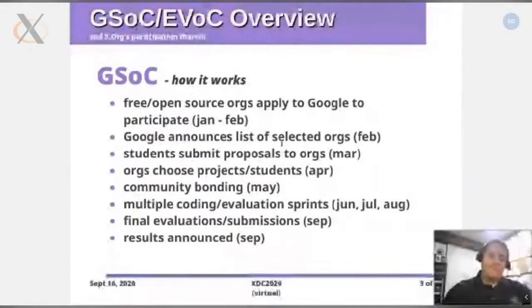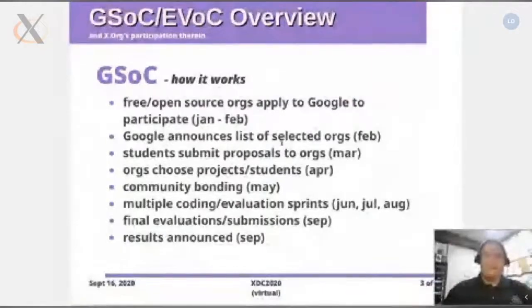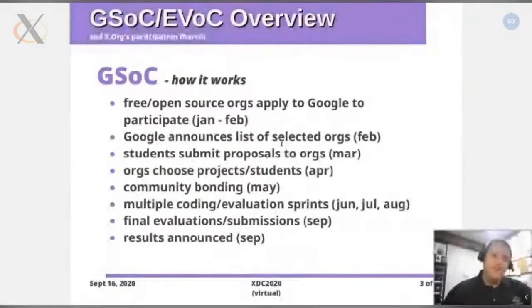And then the administrators and the mentors get together, go through all the proposals, and select those that they like. That happens around the April timeframe. Once that is done, the organizations ask Google to be allocated slots. You'll say, we have this many great proposals, these ones are really strong, so could we please have this number of slots? And then Google gets back to us and says, here are the number of slots you get.